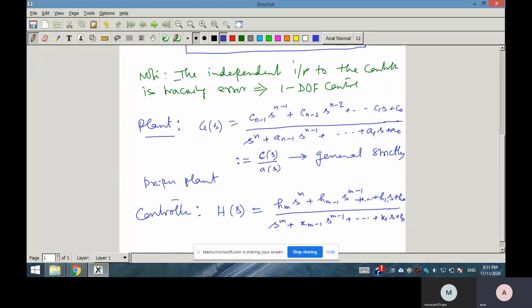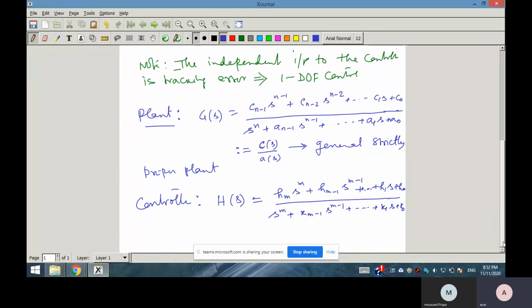So now you can see I have considered a strictly proper plant, but for the controller, what is the relative order? It is 0. So that's why it is a general biproper, or bicausal, mth order controller.